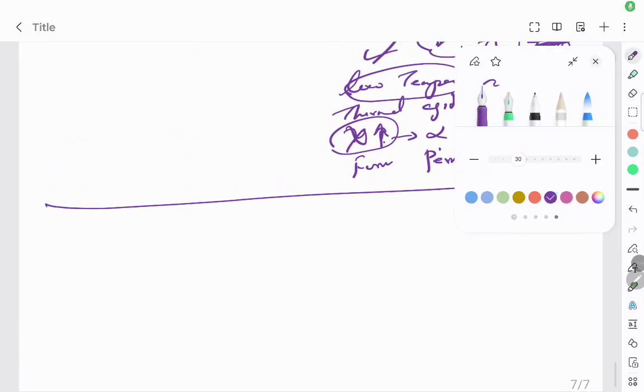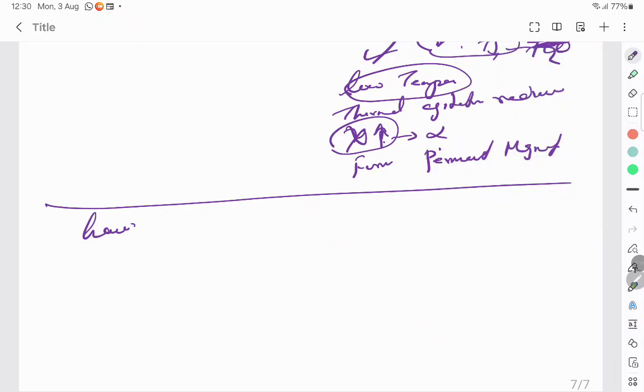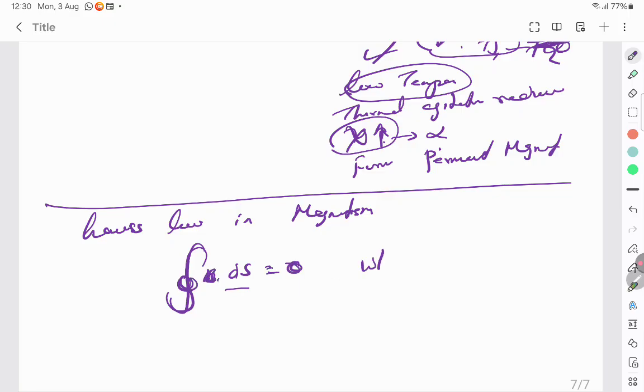Next is Gauss law in magnetism. It states that the surface integral of B dot dS is equal to 0. The surface integral of the magnetic field over a closed surface is always 0. Why? Because a monopole does not exist. You can't have only a north pole, it will always have a south pole, and the net field will be 0.